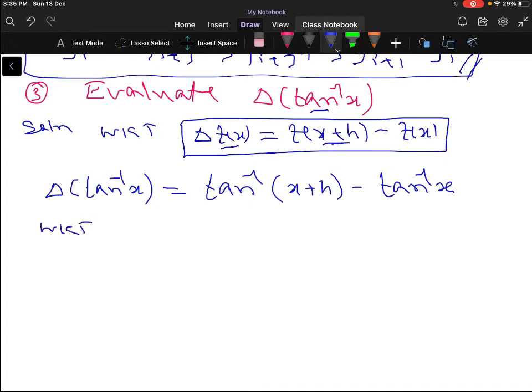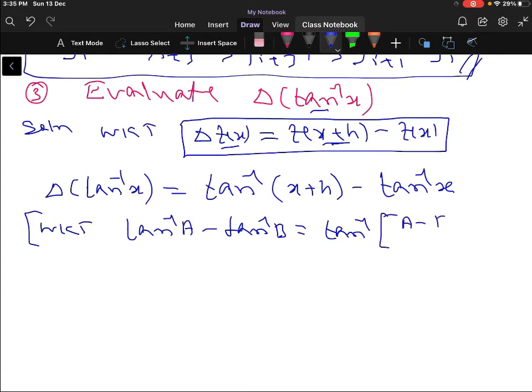So we know the formula: tan inverse of a minus tan inverse of b is equal to tan inverse of a minus b by 1 plus a into b. Using this formula, you can simplify this.